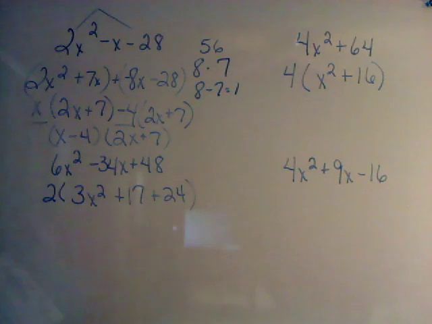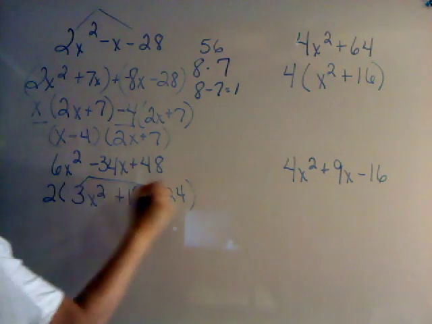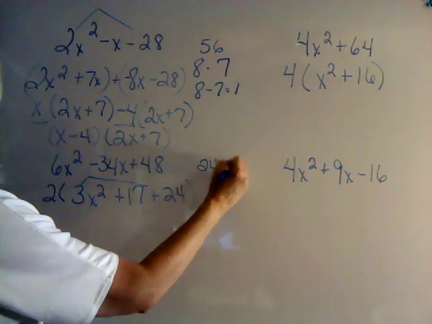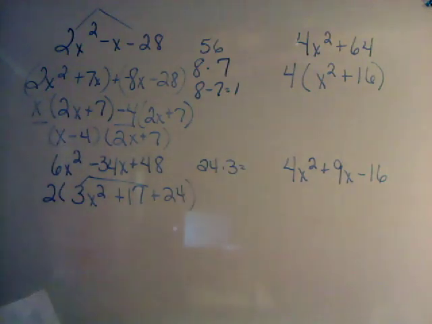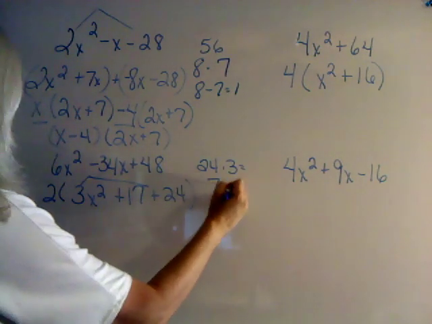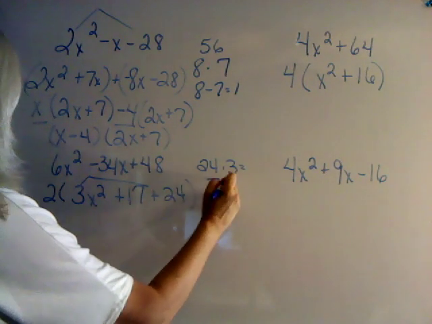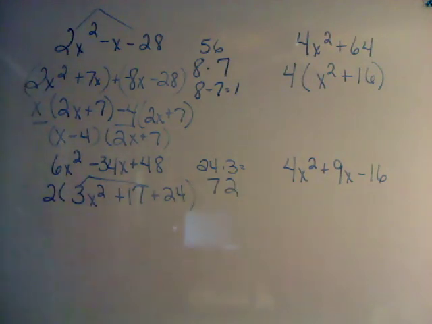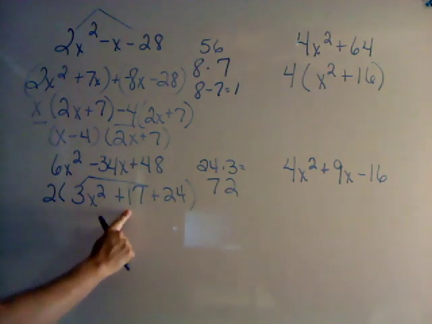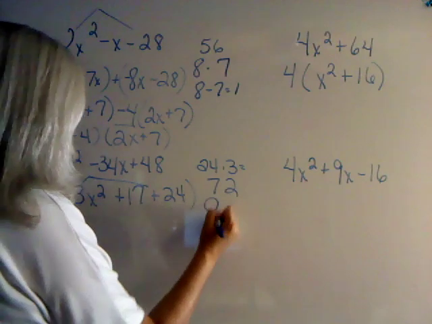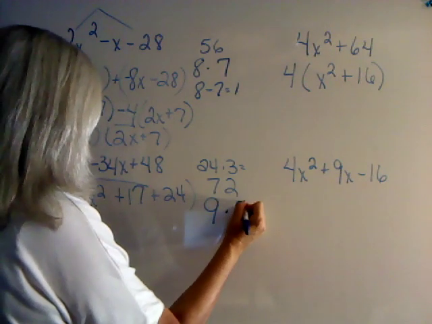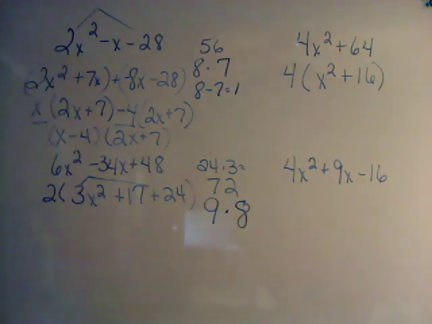Now we're going to use our general factoring method. 24 times 3 would give me 72. Now I'm looking for 2 factors that I can multiply together to get 72 and add to get 17. That would be 9 times 8, and 8 plus 9 would give me my 17.